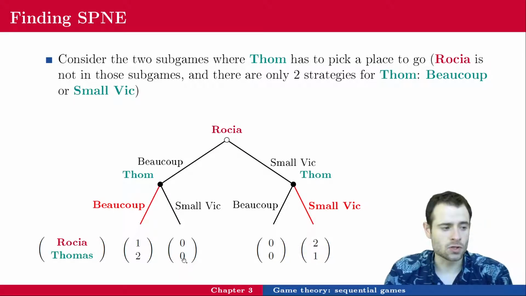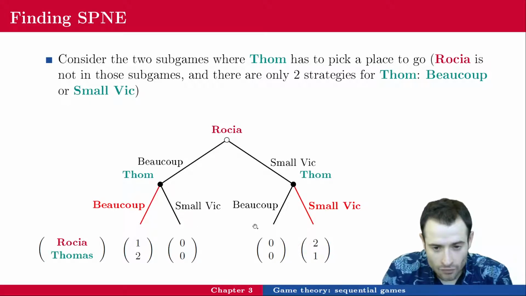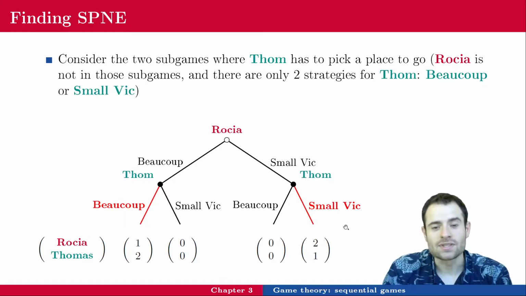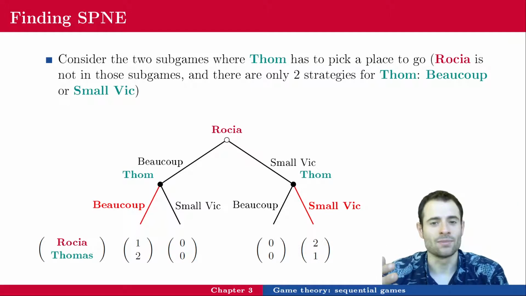So his best response will be to go to beaucoup. Now, I found the Nash equilibrium in each of these subgames. Even if there is one player, it is still a game or subgame.